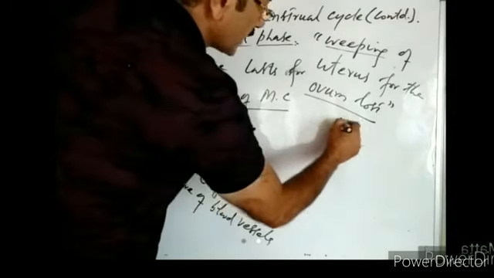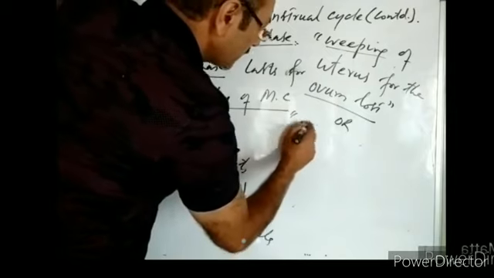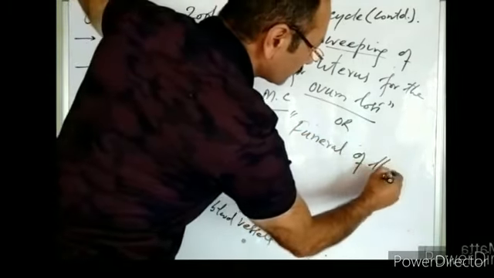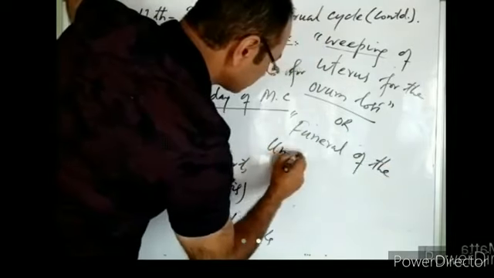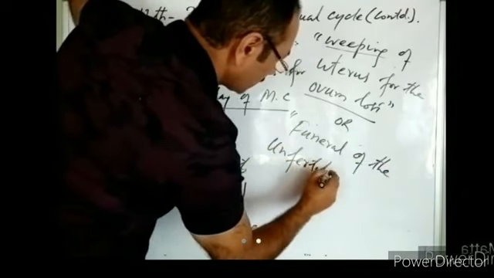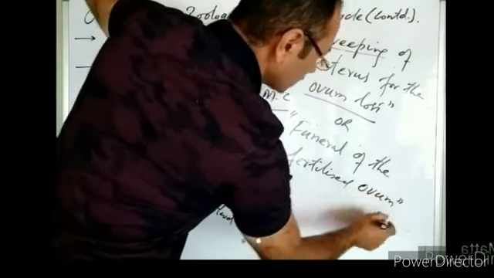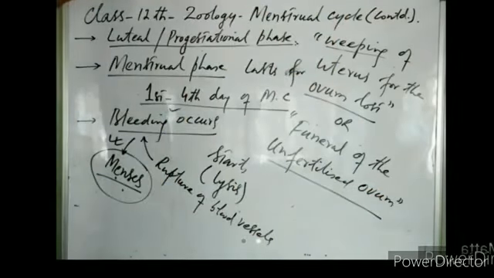Or it is also known as funeral of the unfertilized ovum. This menstrual period, this menses, is also known as funeral of the unfertilized ovum. The unfertilized ovum is now lost.